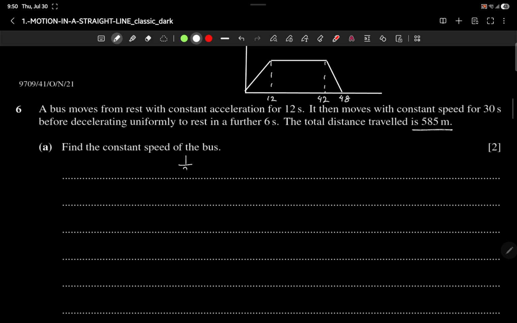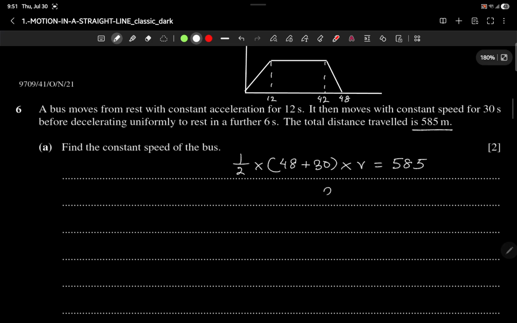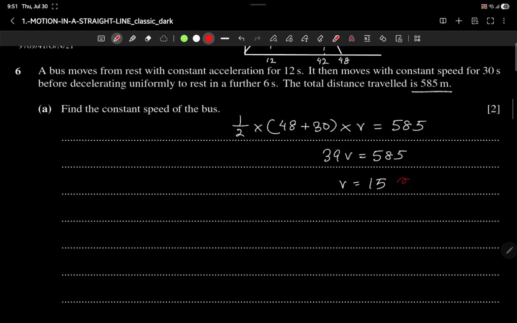Okay, so half into base, so you can just use a trapezium, that's better. 48 plus 30, the height is V, is 585. Half into 48 plus 30, 39V is 585. V is 585 by 39, which is 15. Okay. So the constant speed is 15.